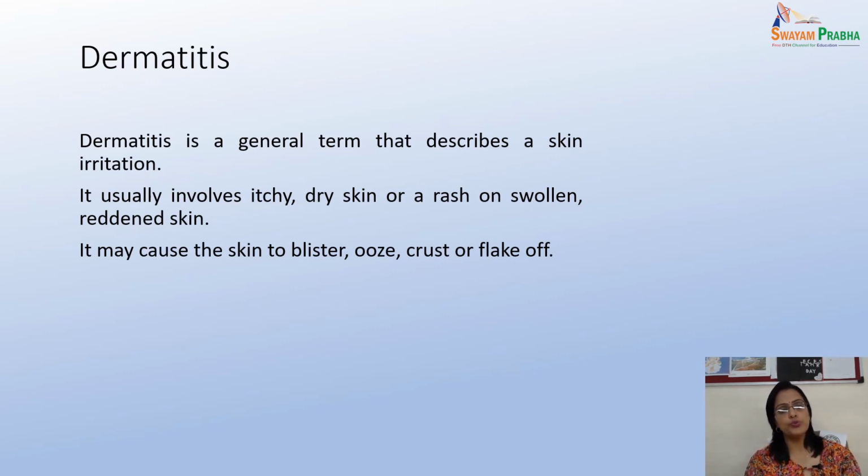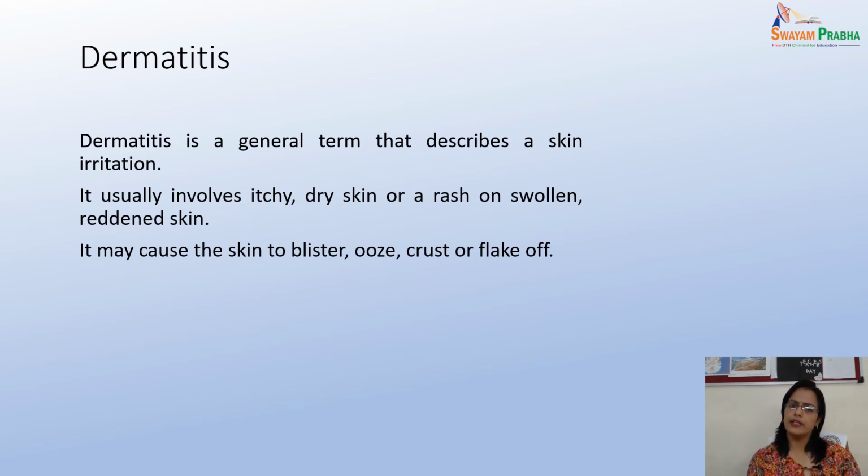Now moving to another skin problem, that is dermatitis. So what is it? Dermatitis is a general term that describes a skin irritation, and it is a very common condition that has many causes, and it occurs in many different forms.